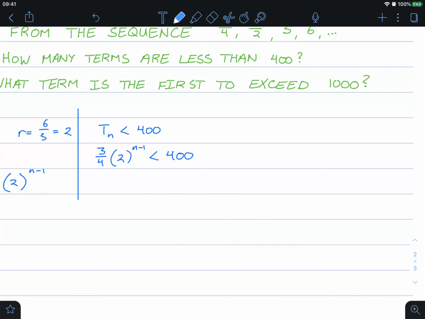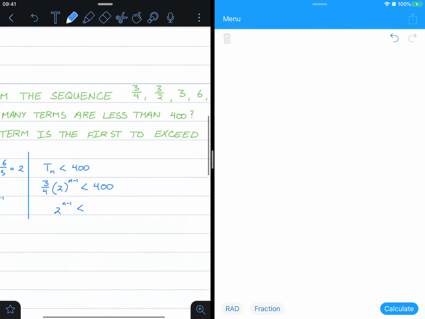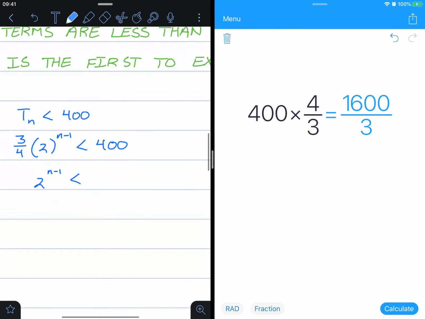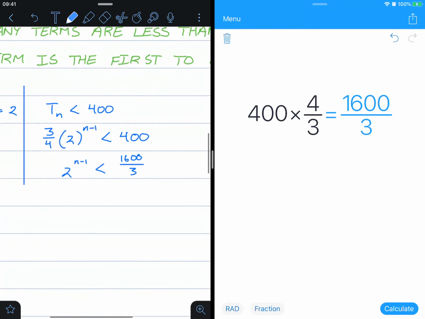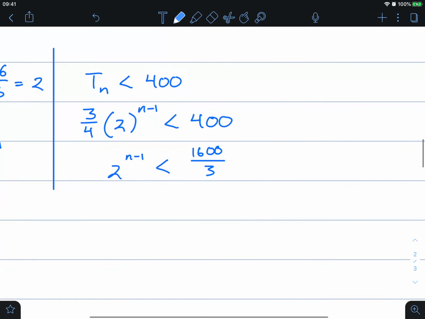Doing some index laws here, first we'll deal with 3 over 4, so we'll times by 4 divided by 3. 2 to the power of n minus 1 is less than 400 times 4 divided by 3. This one I'm going to leave as a fraction. That's 1600 over 3.